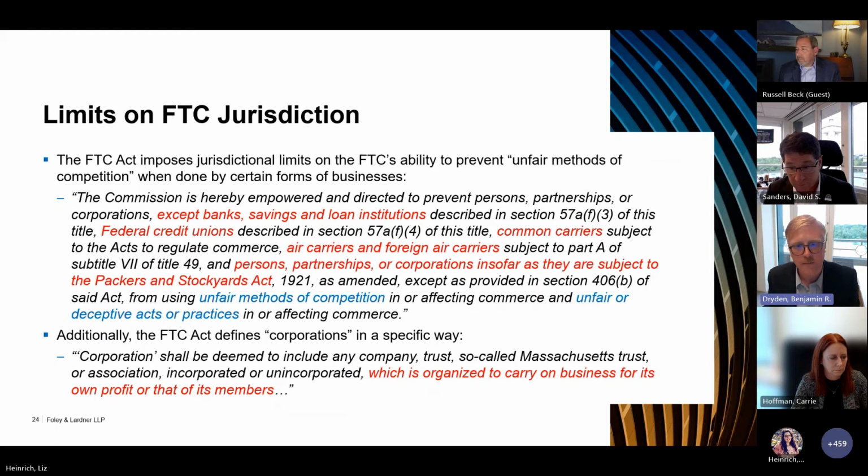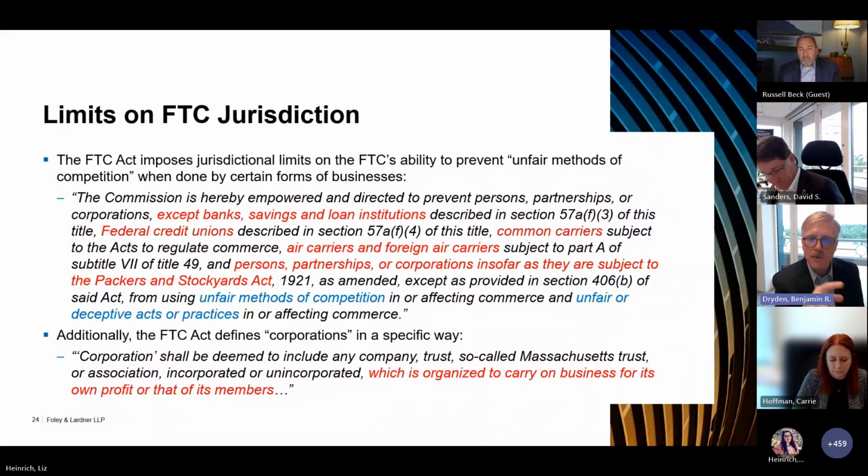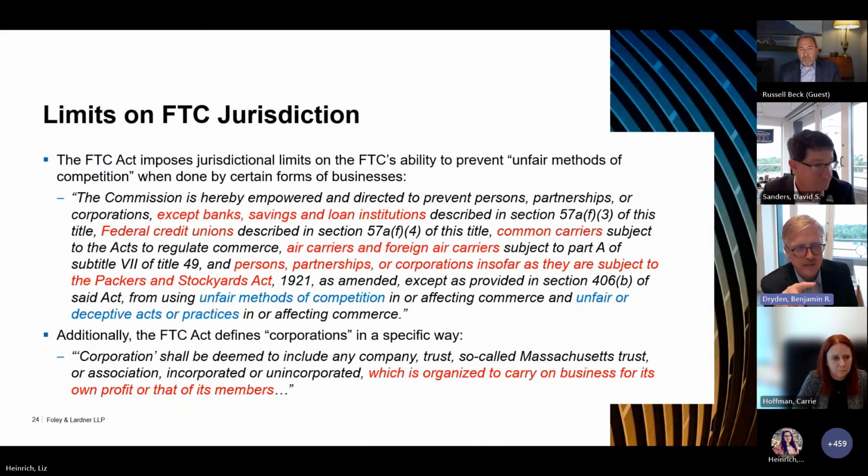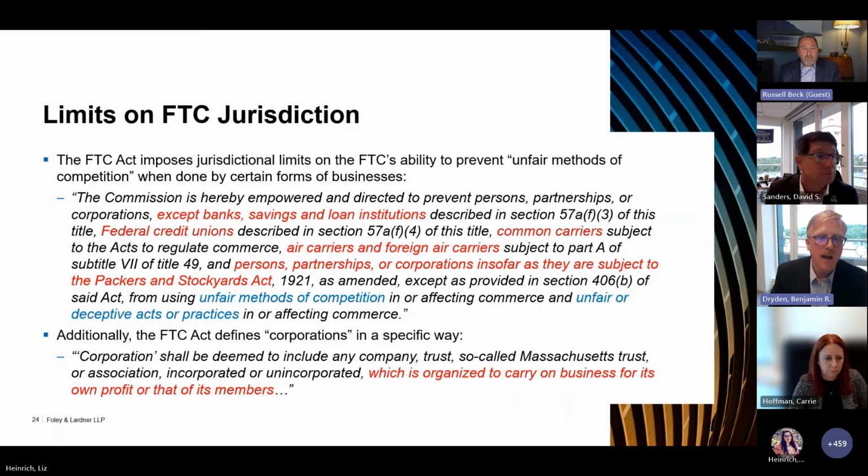This is the section where UMCs and UDAPs are forbidden, but there are a bunch of carve-outs. So the FTC can't prevent UMCs or UDAPs by banks, federal credit unions, common carriers like phone companies, air carriers, and persons subject to the Packers and Stockyards Act, which is an esoteric law for certain meat packers and livestock dealers.